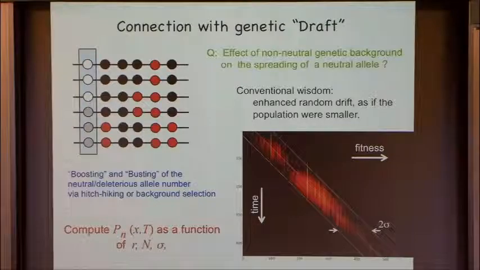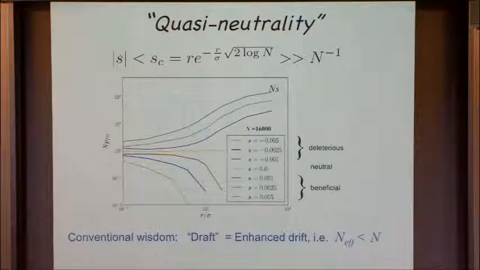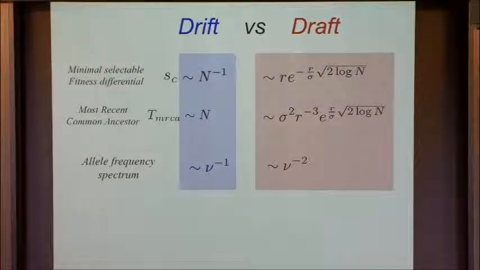So we can do that calculation. And the outcome is that you learn something that some of the population geneticists have realized before, that draft is really quite different from drift.